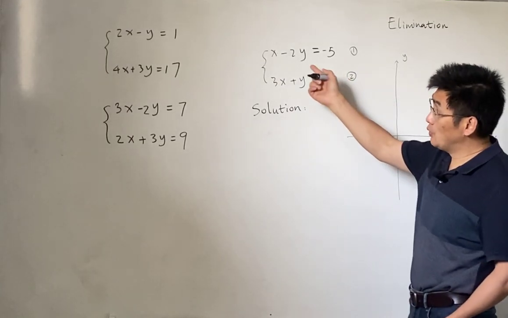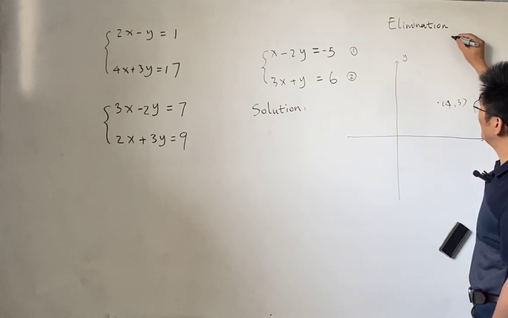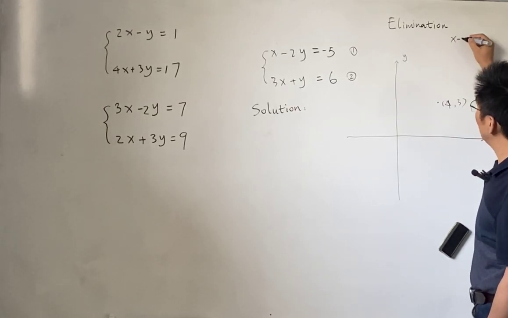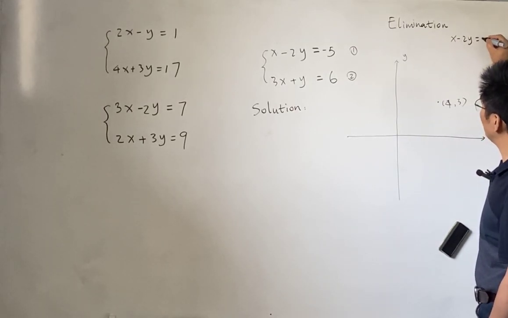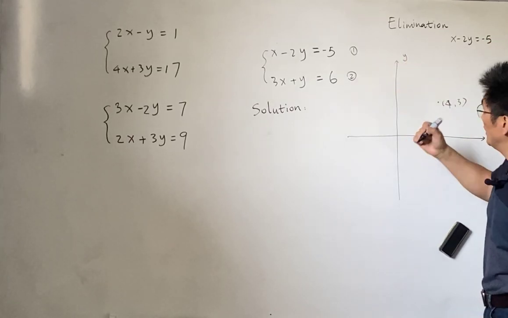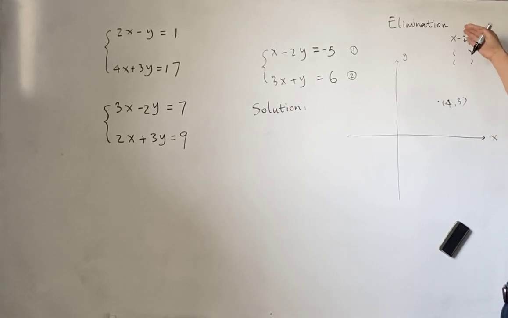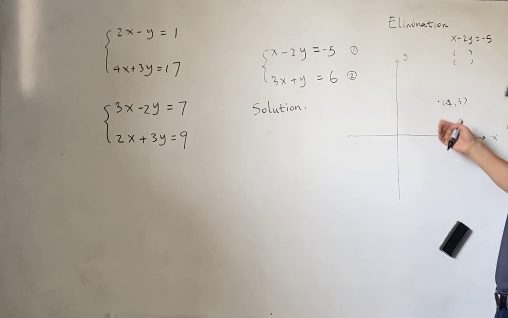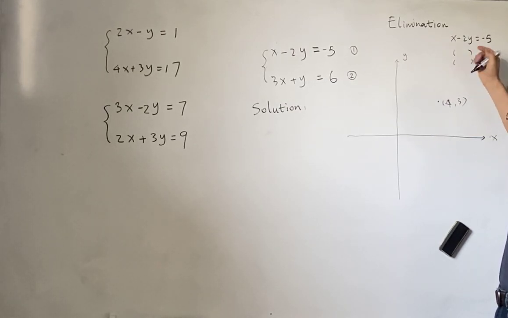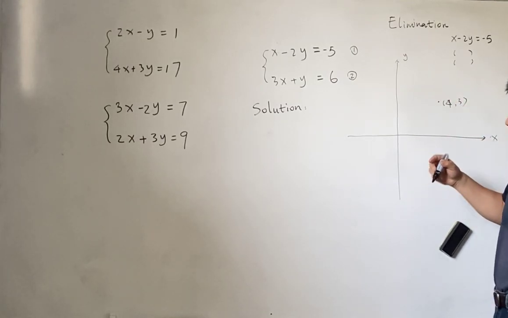And for these equations where, let's say, we have x minus 2y equals -5, take any one of them, you'll find that you have pairs of solutions, right? You have an infinite amount of pairs of solutions. And you can see these pairs of solutions as coordinates, okay?